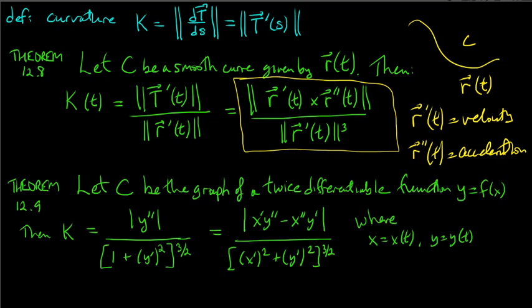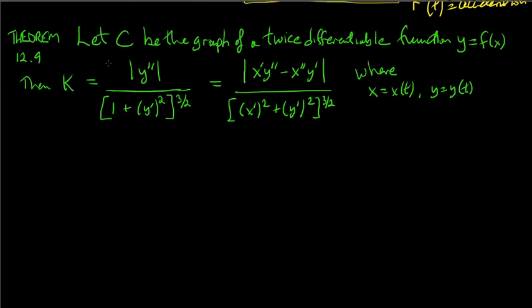Or if your curve is given in the plane, it's a plane curve. And in fact, let's suppose you have a curve that's given as the graph of a regular function, y equals f of x. Then there's an even easier way to calculate the curvature. It's just this formula here. It's the absolute value. This is not magnitude because this is a regular function, not a vector function.